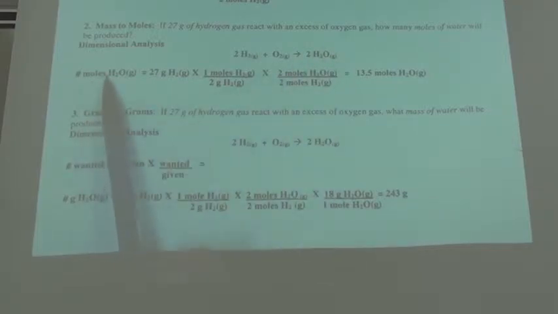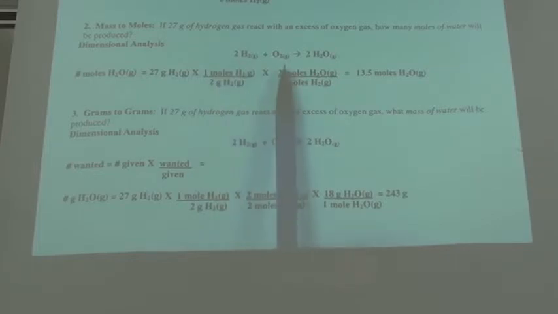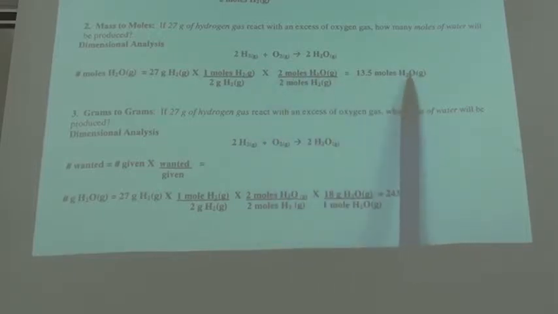The moles of water is equal to 27 grams of hydrogen gas. According to my balanced equation, there are 2 grams of H2 for every 1 mole of H2. I now use my coefficients to go from hydrogen to water, and here is my answer.